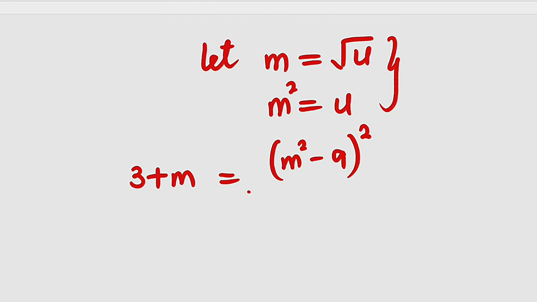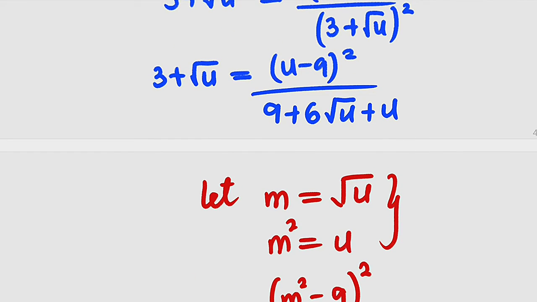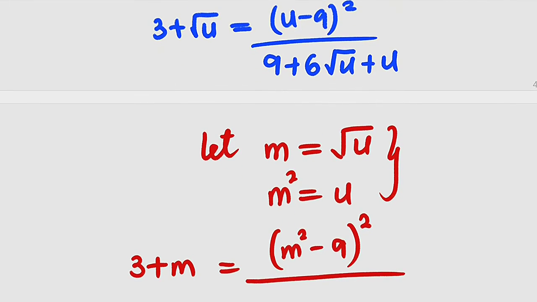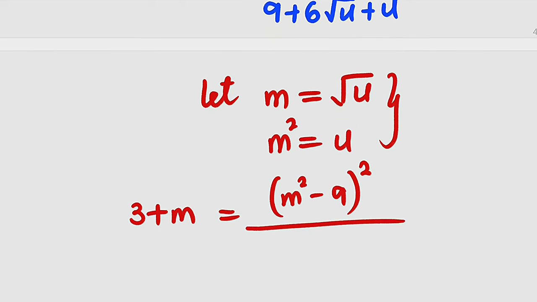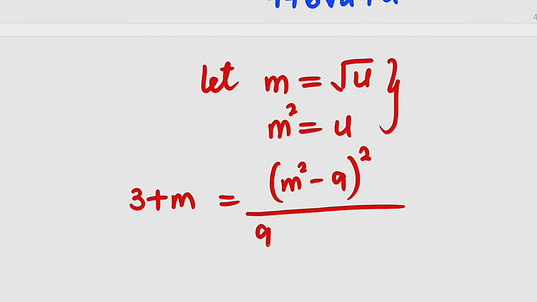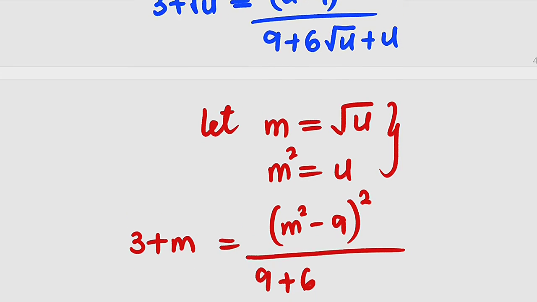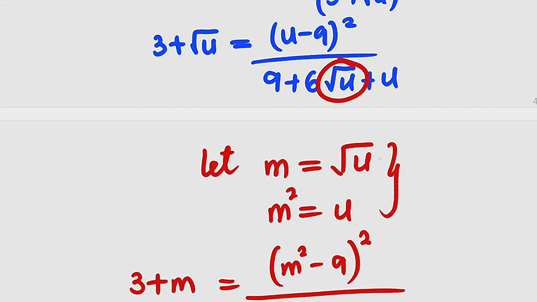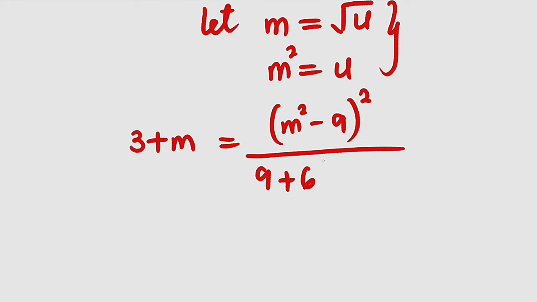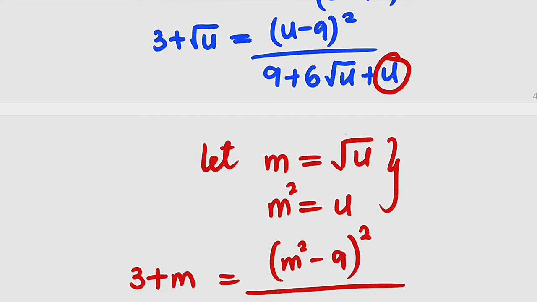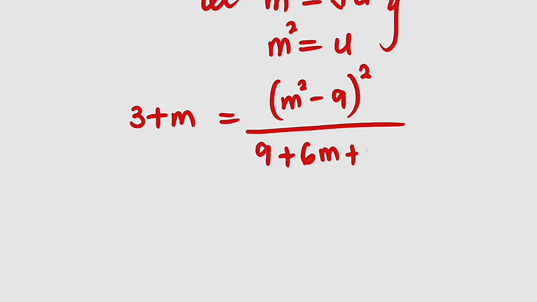To the bottom we have 9 plus 6m plus m squared. So 9 plus 6, you know we have square root of u here, but we have let it be equal to m, so we have 6m plus, we have u, which is now m squared. So we have m squared here.